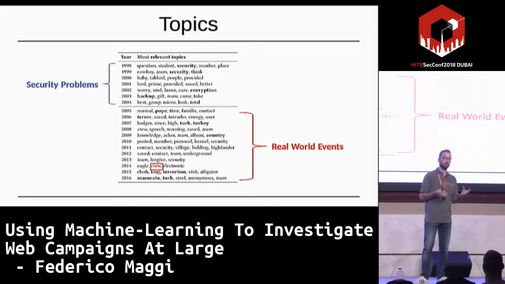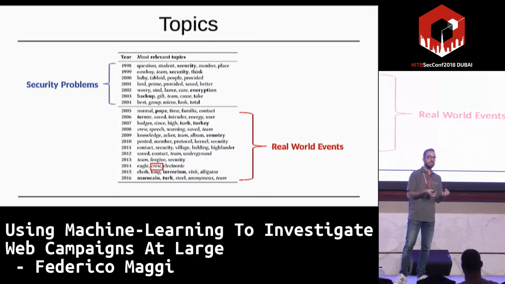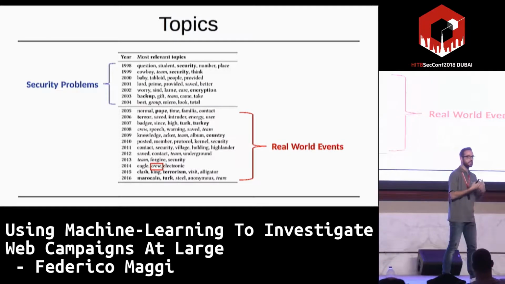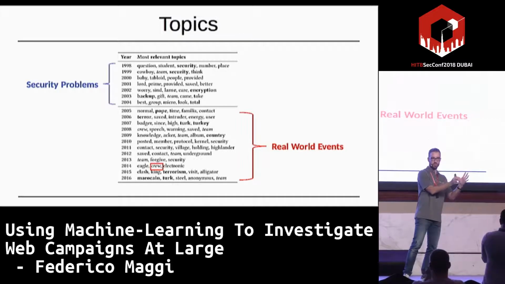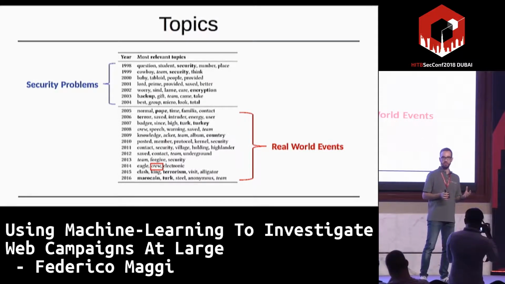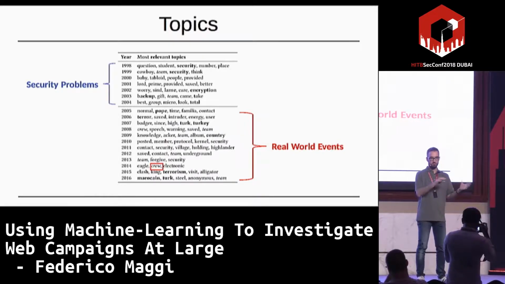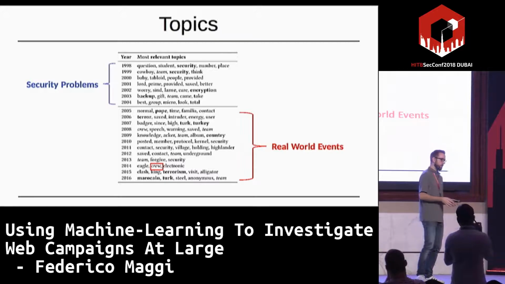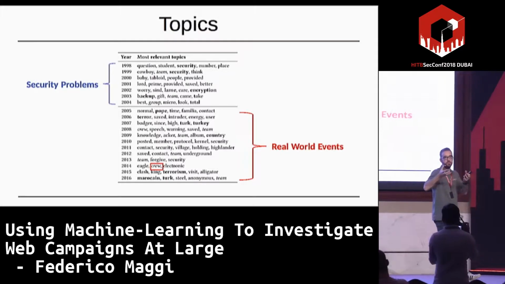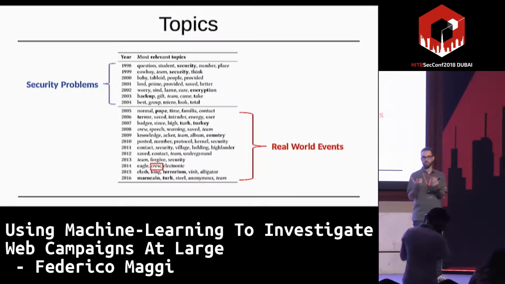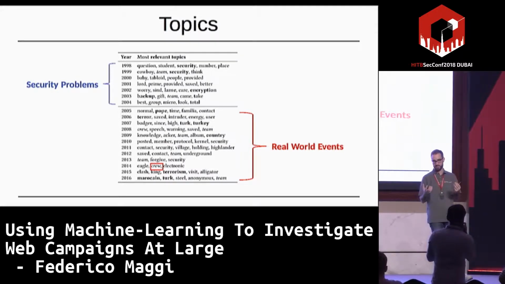Because I started to look at what these guys were discussing, what they were talking about in the defacement content that was planted. So what I did is I used a technique called topic modeling. It's a mixture between machine learning and natural language processing that allows you to elicit interesting keywords out of a corpus of text, right?